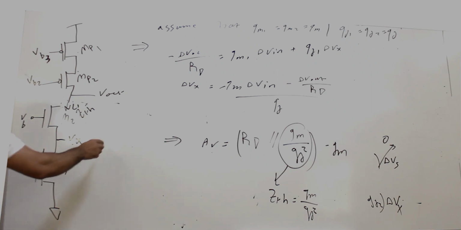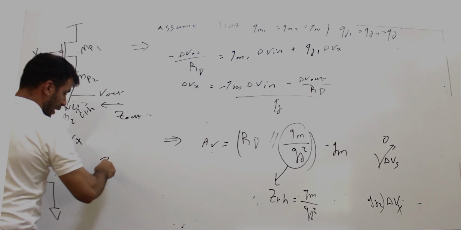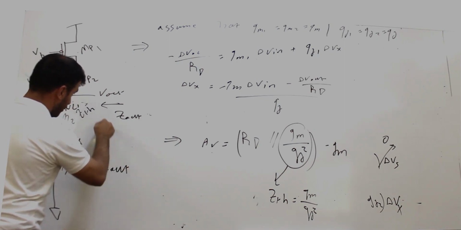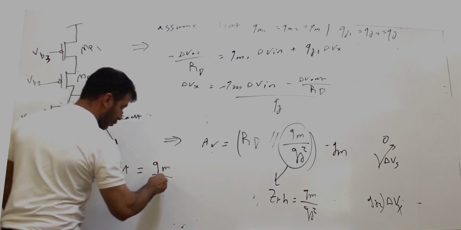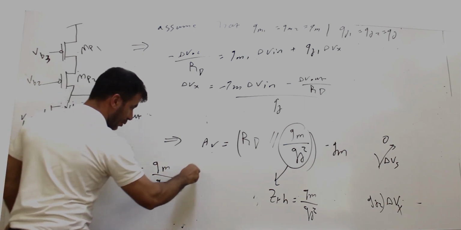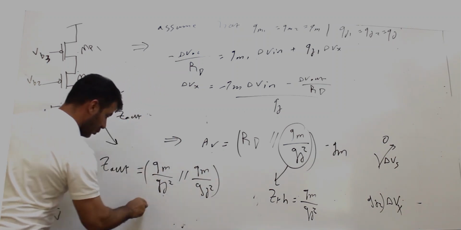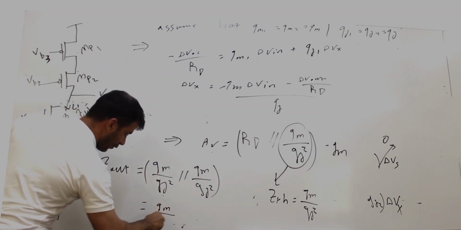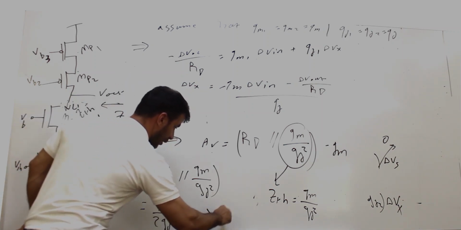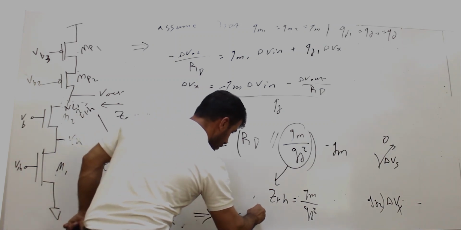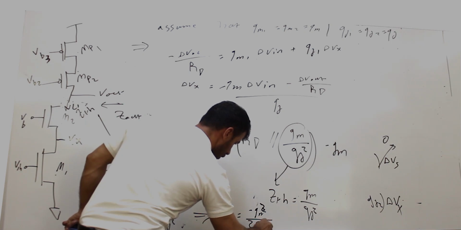Now this output in this system is GM over GD square parallel with GM over GD square, which is equal to GM over 2GD square. In general AV is equal to minus GM square over 2GD square.